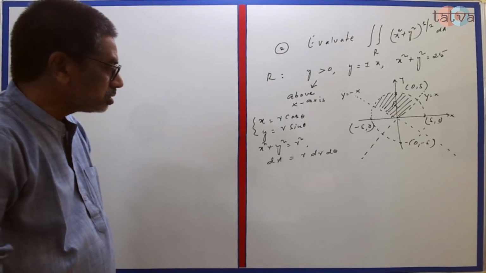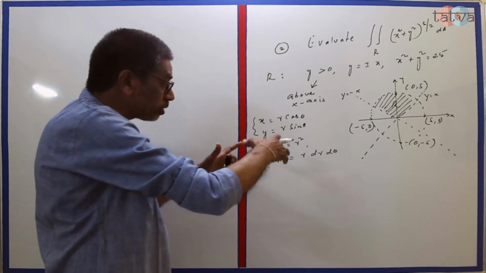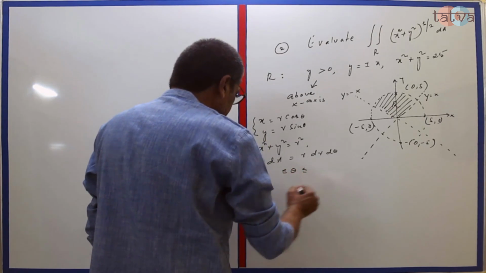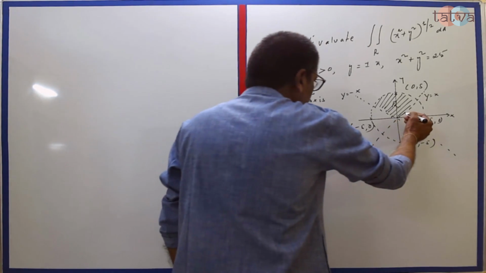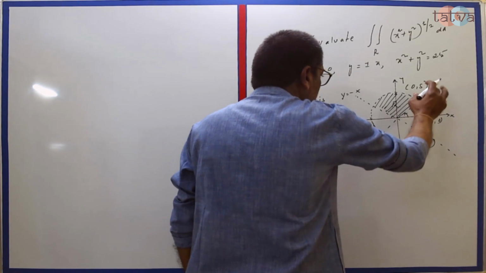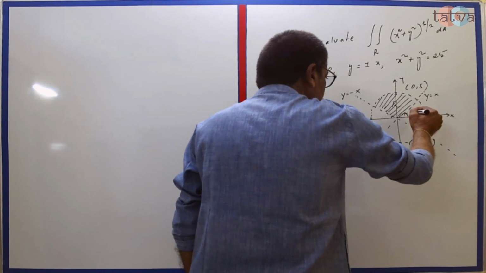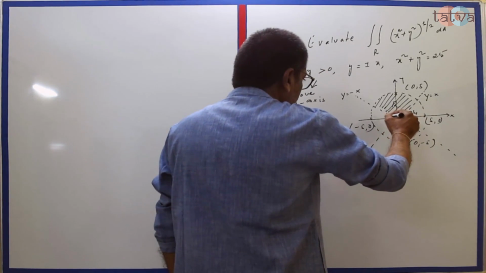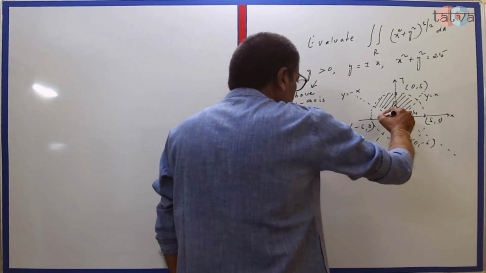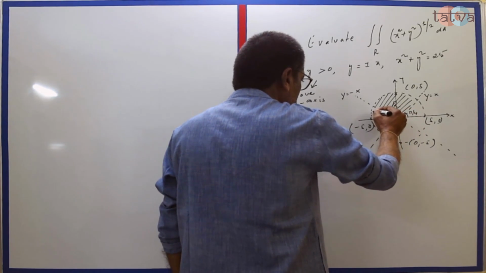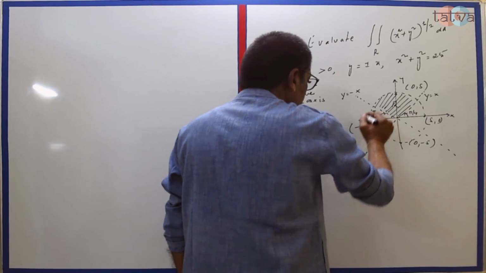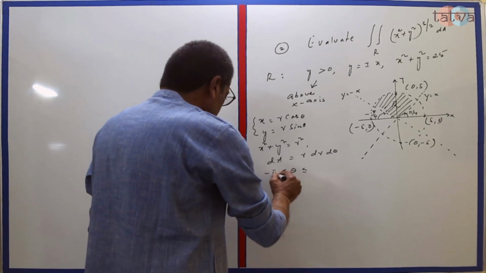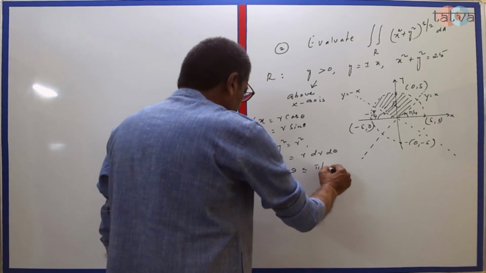And then comes the region limits in the polar coordinate system. You can easily sense that this angle that the line y is equal to x makes to the x-axis is pi by 4. And this angle, you can measure it like this, or you can also do like this. That is also pi by 4, but with a minus sign. So theta varies from minus pi by 4 to pi by 4.